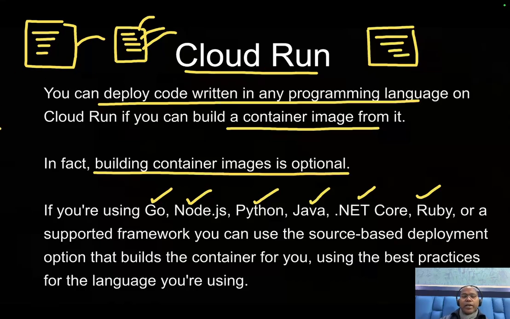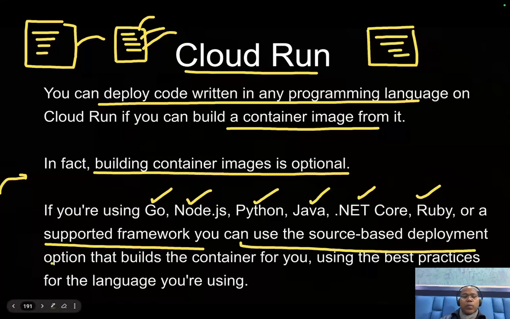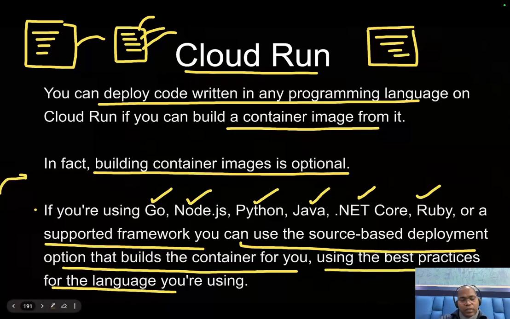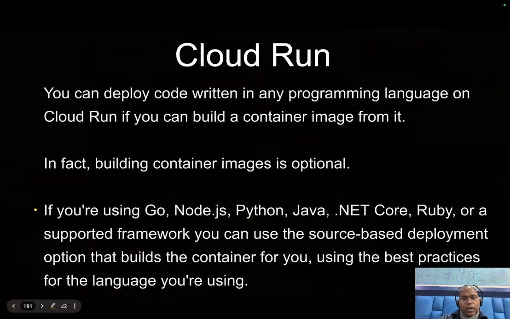And if containerization is optional, that means you can write your code in any supported language and use the source code deployment option, which builds your container for you using best practices for the language you are using. That means Google Cloud says don't worry, you just write your code.